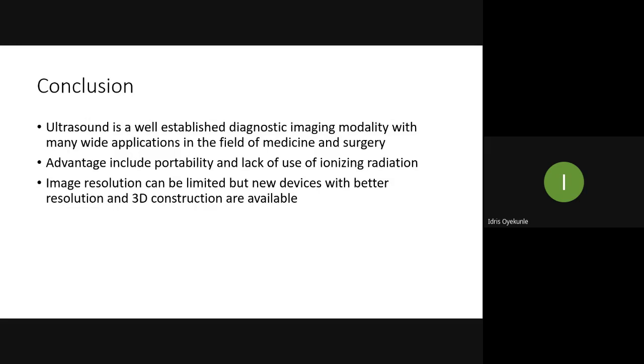The advantages include that it's portable and has no use of ionizing radiation, and although image resolution can be limited, new devices make resolution better, and 3D reconstruction is also available. So in summary, ultrasound will continue to provide quality imaging of the eye and its structures, and it will always remain a viable imaging modality for many years to come.